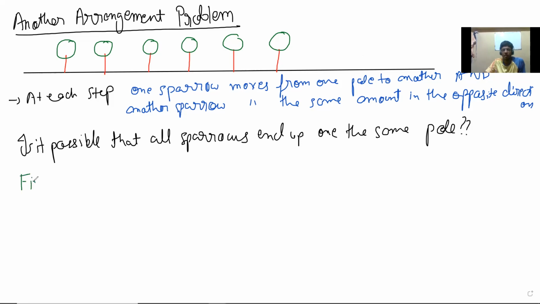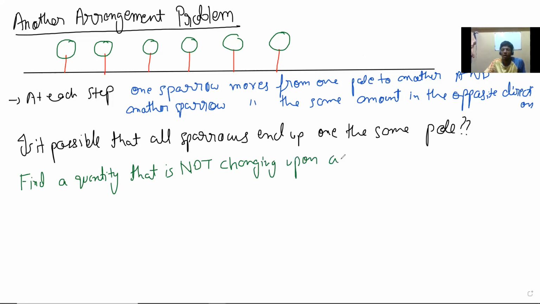So find a quantity that is not changing upon a move during a step. So think of one step at a time. That's the point of the invariance principle. And find out something that is not changing.